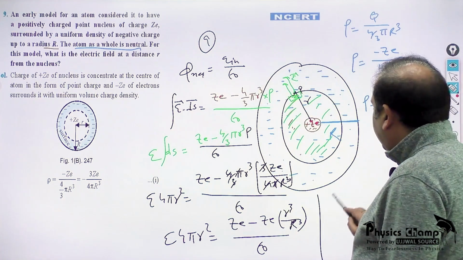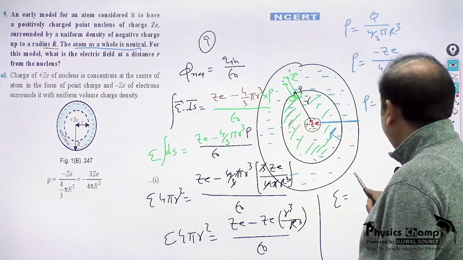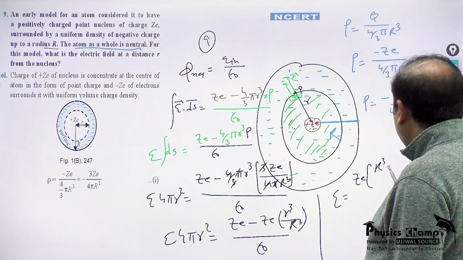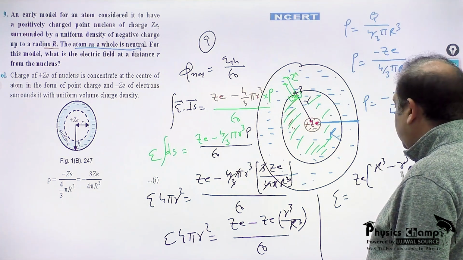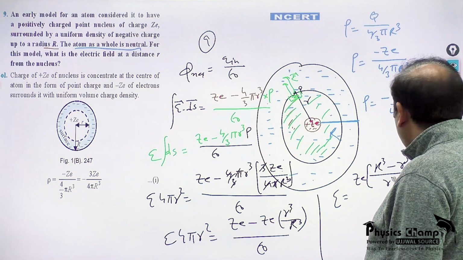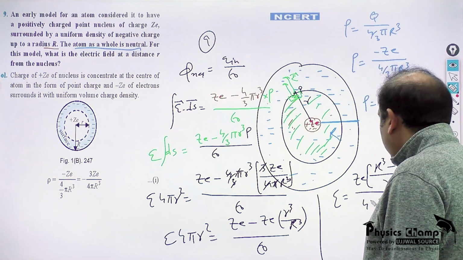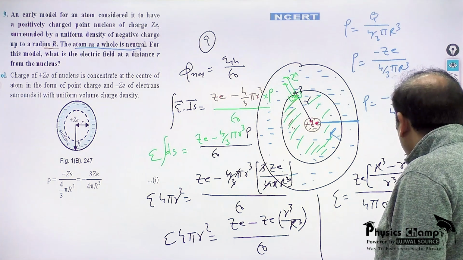So we are finally getting the electric field as Ze into R cube minus small r cube divided by capital R cube, divided by 4 pi epsilon naught r square.